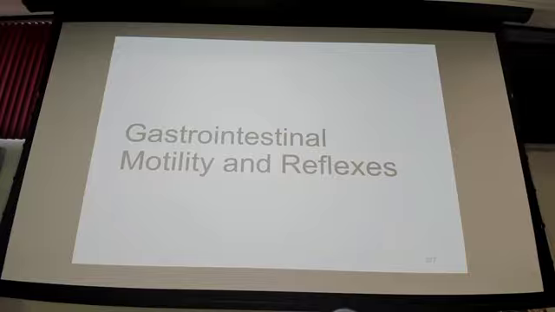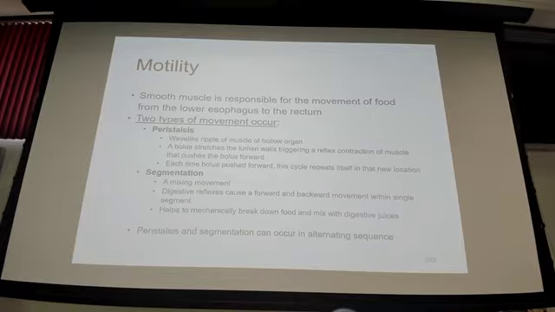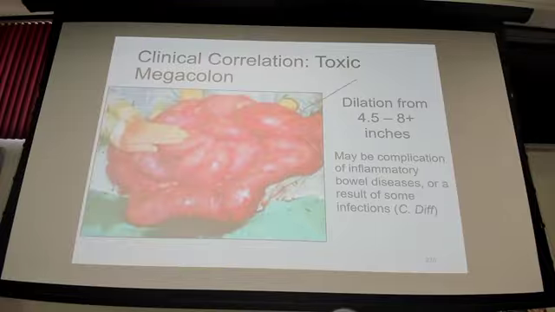All right, any questions about small or large intestine? We have some reflexes, some real quick stuff to do, and then we'll be done. Yes, sir. Can you go back one second? Sure can. So this is dilation from 4.5 to 8 plus inches. Is that saying 4.5 is the normal? Yeah. There's a true criteria, like radiographic criteria of what the dilation is. It's larger at the cecum because the cecum is normally larger.